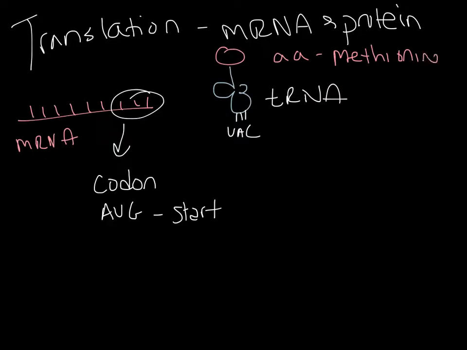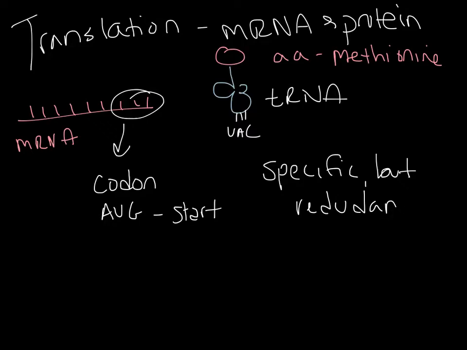There's a statement that the genetic code is both specific but redundant. What that means is that each codon codes for a specific amino acid, but it's redundant in that there are only about 20 amino acids, so we have some repetition.